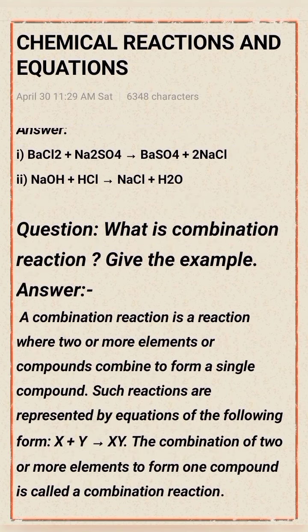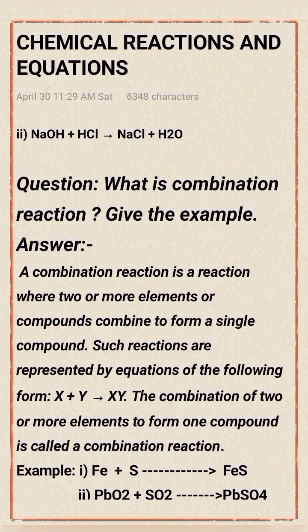Next question, what is a combination reaction? Give an example. A combination reaction is a reaction where two or more elements or compounds combine to form a single compound. Such reactions are represented by an equation of the form X plus Y form XY. The combination of two or more elements to form one compound is called a combination reaction.